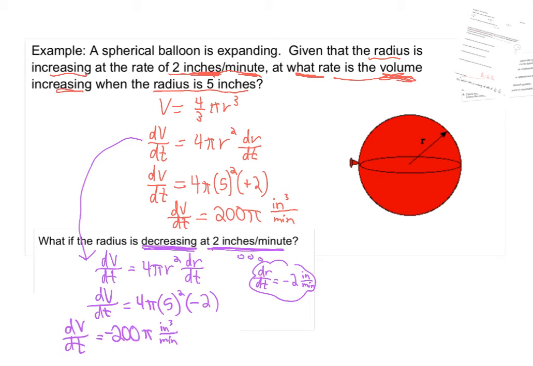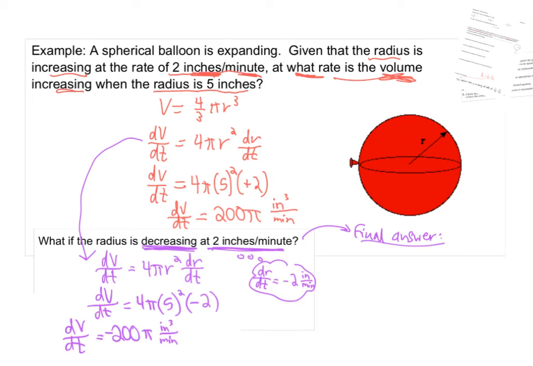The rate is negative 200 pi inches cubed per minute. How do we answer that in a sentence? Well, in the equation, the negative sign tells us the decrease. But in the sentence, the word decrease tells us the decrease. So we don't want to say that something is decreasing at a rate of negative 200 pi inches cubed per minute.